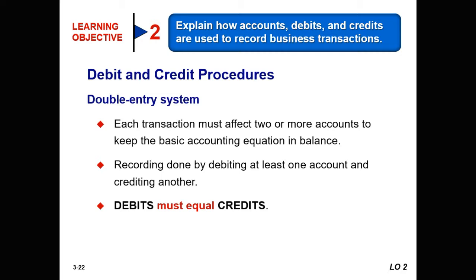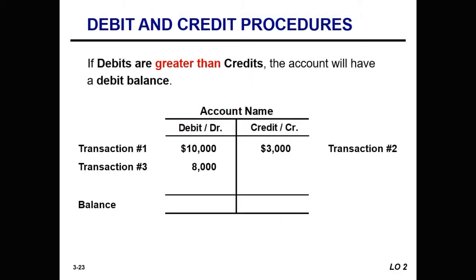In all reality, an account exists with three parts. And those three parts are the account name, or the title of the account, which you see right here.